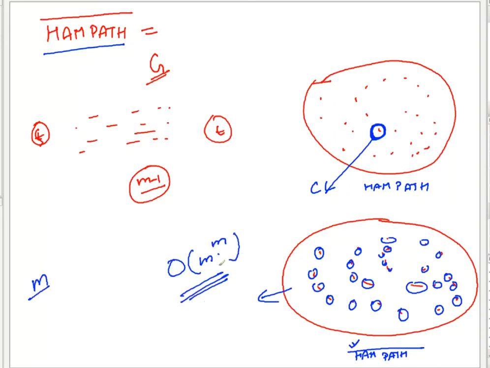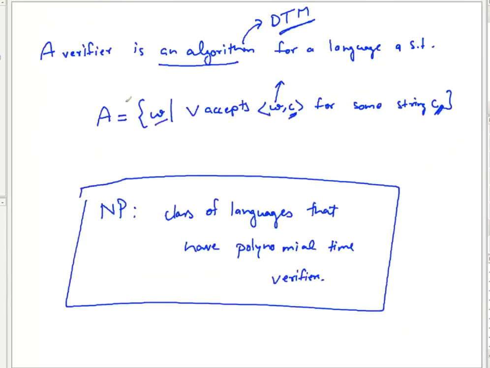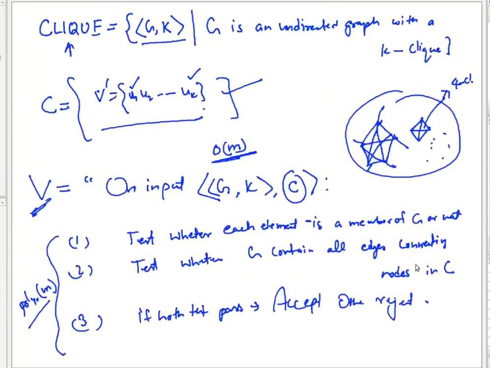The certificate was too large to be verified, because the verifier will take at least that much time to read the certificate, and reading that itself will take more than polynomial time. It will go exponential. So therefore Ham path complement was not a polynomial time verifiable problem, while Ham path is a polynomial time verifiable problem. Composite is also, and clique is in the same way.